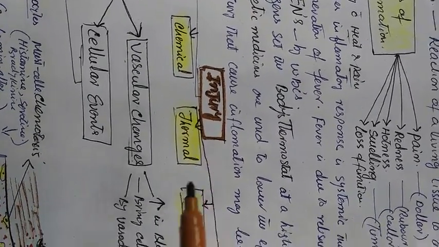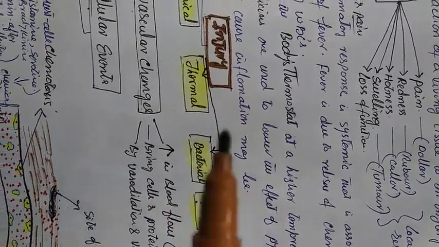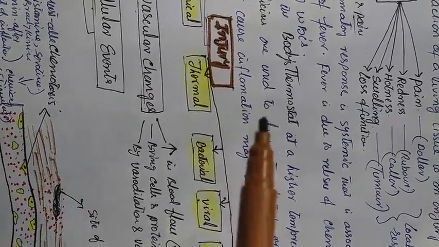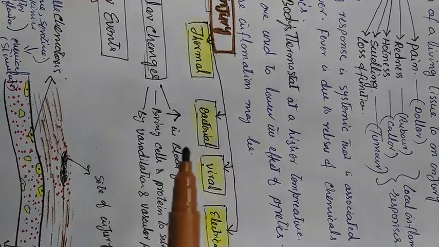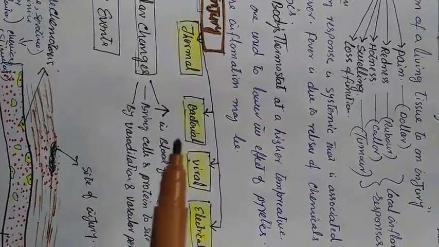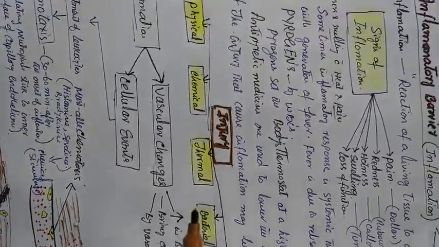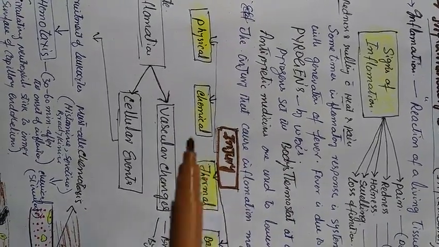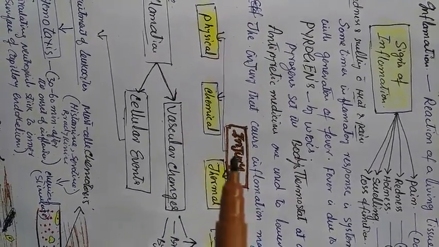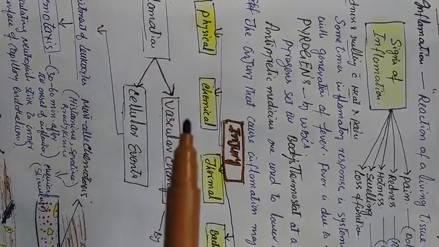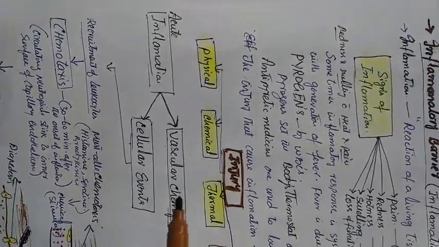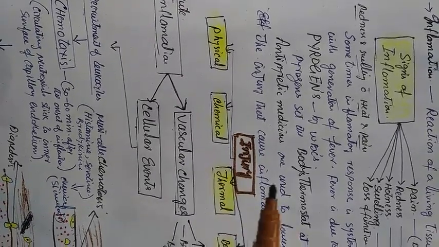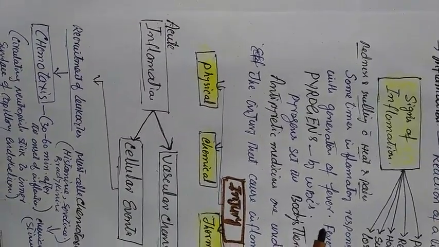Similarly, this injury may be some sort of infection like bacterial, viral, or protozoal injury, and sometimes there is electrical injury. So, in a broader sense, injury can be categorized as physical, chemical, thermal, bacterial, viral, and electrical. Any sort of injury leads to the inflammatory response.